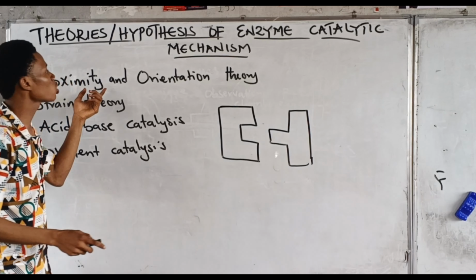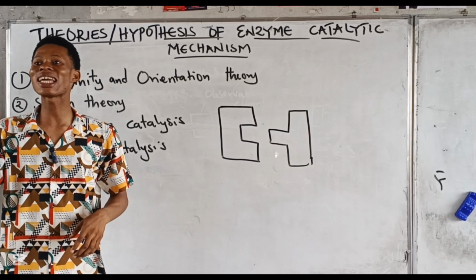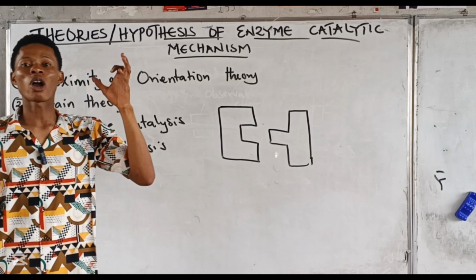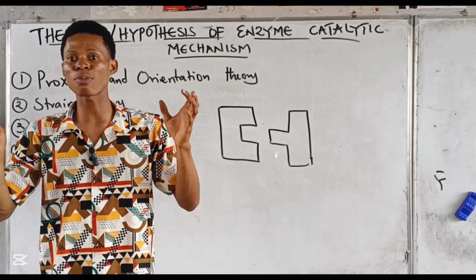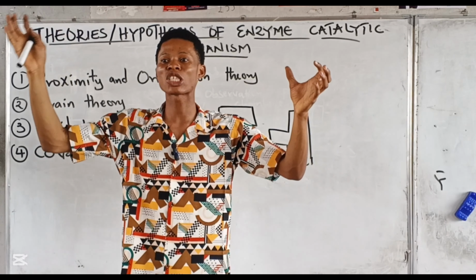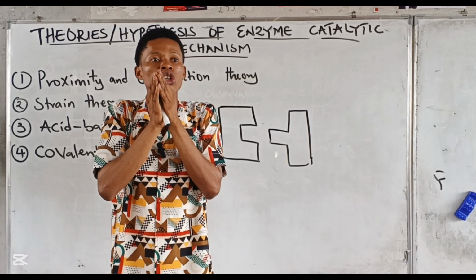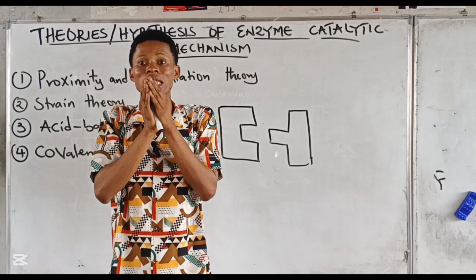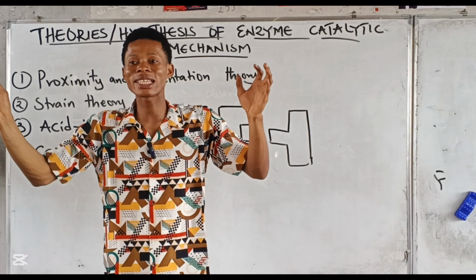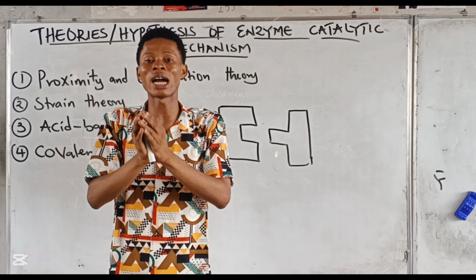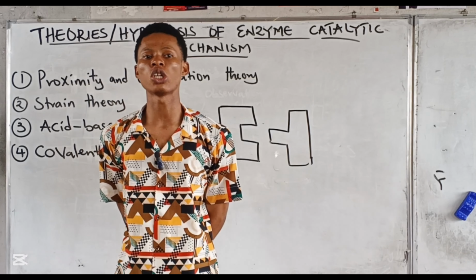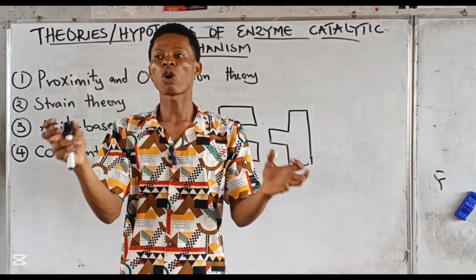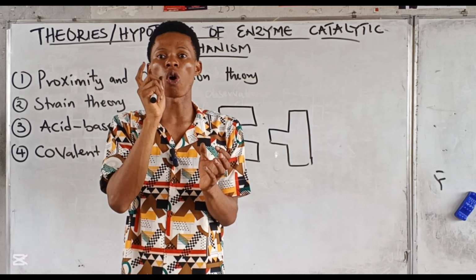Now, the proximity and orientation theory states that for enzyme catalysis to take place, the enzyme and the substrate must be close enough to each other. Are we getting it? And not only close enough, but they must orient themselves in the right angle or position.